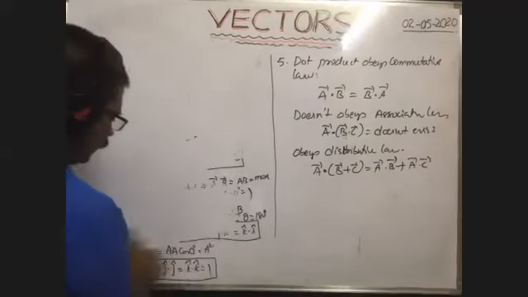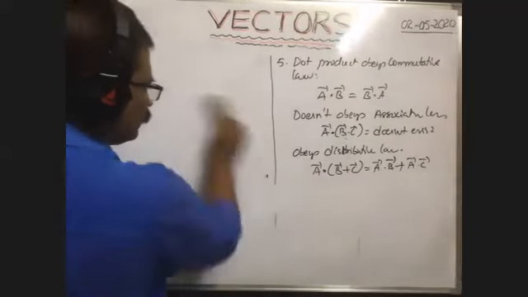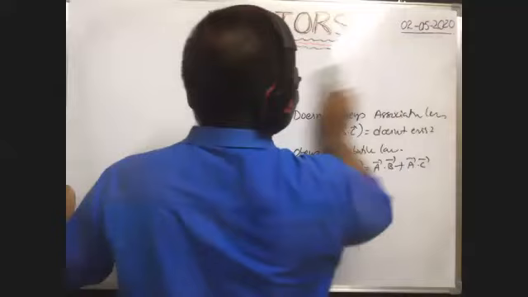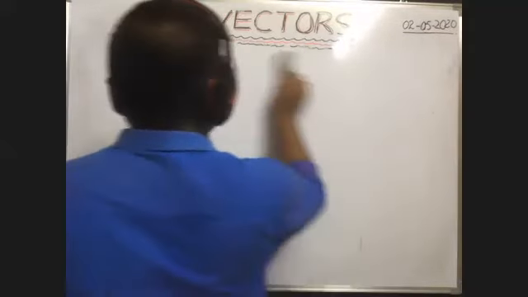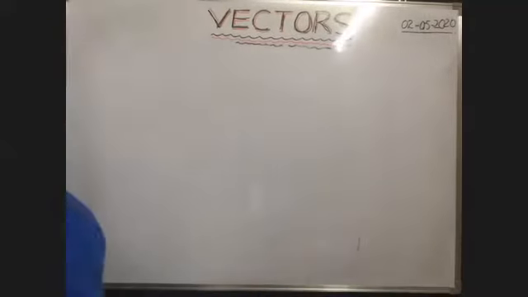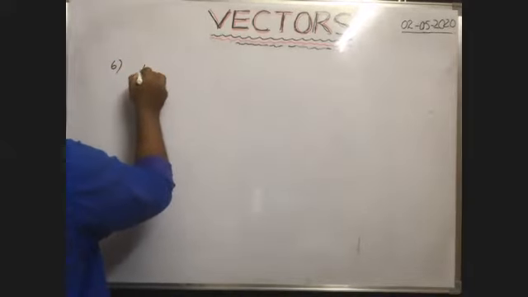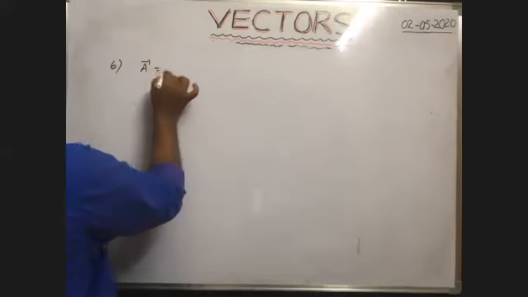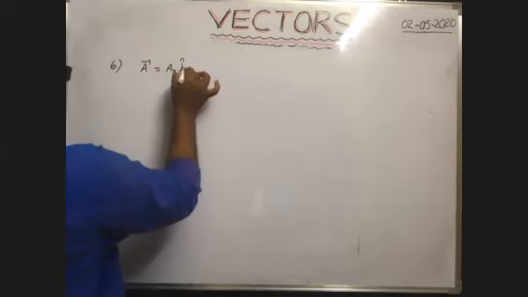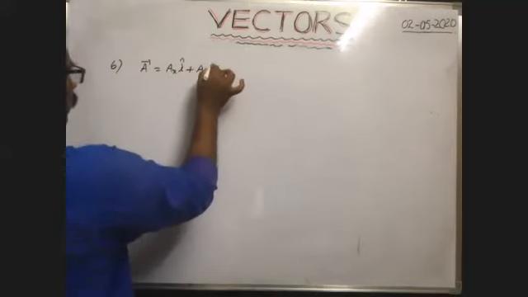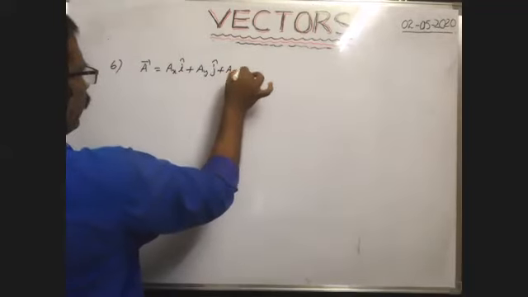Next, sixth point. Sixth note point in dot product. Suppose a bar is a given vector which is equal to ax I cap plus ay j cap plus az k cap.